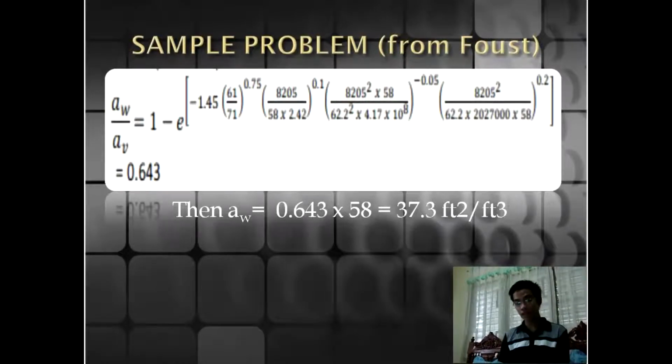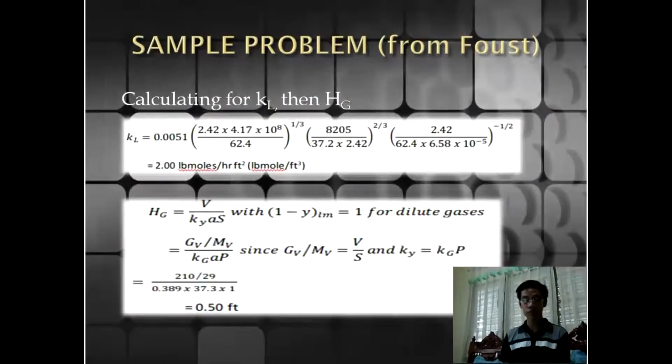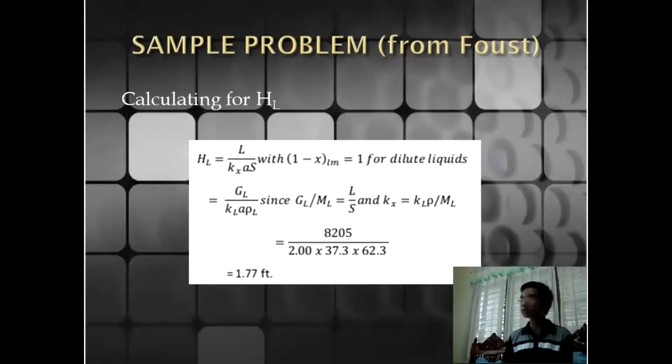Now calculating for the mass transfer coefficient for the liquid phase, we get this value. And then calculating for HG, we get this value. Finally, calculating for HL, we get this value.